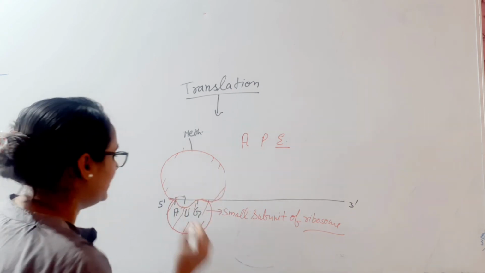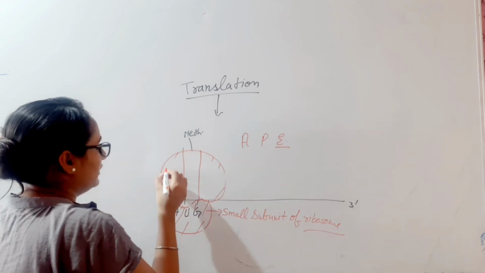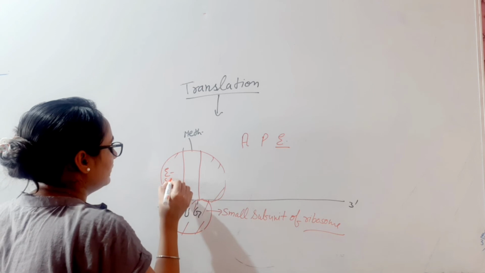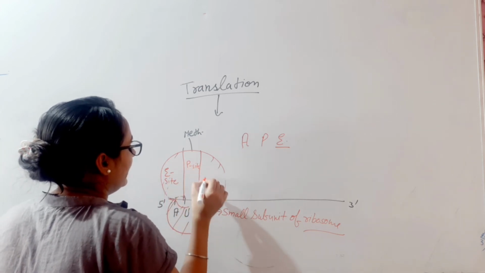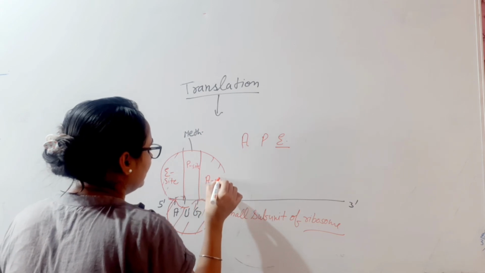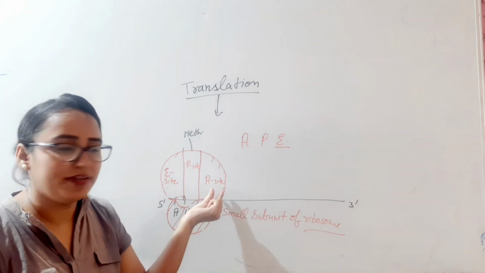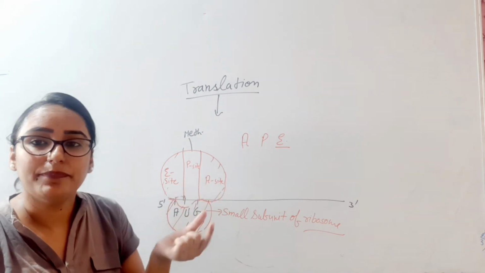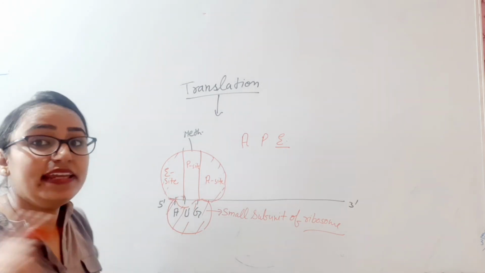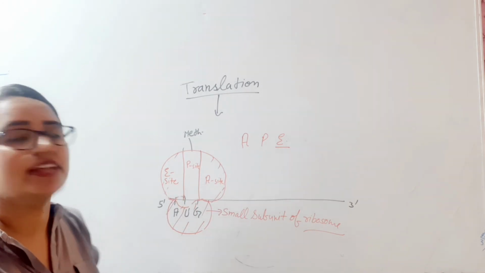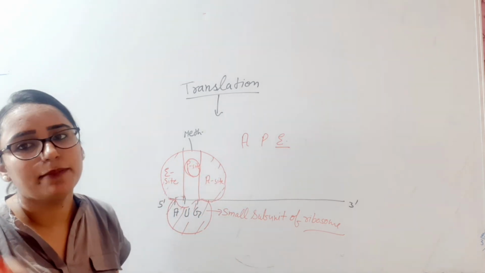There are 3 sites, that is the E site, P site and the A site. This A site is the acceptor site, P site is the polypeptide bond formation site, and E site is the exit site. The initiator tRNA comes and lies in the P site of the large subunit of the ribosome.